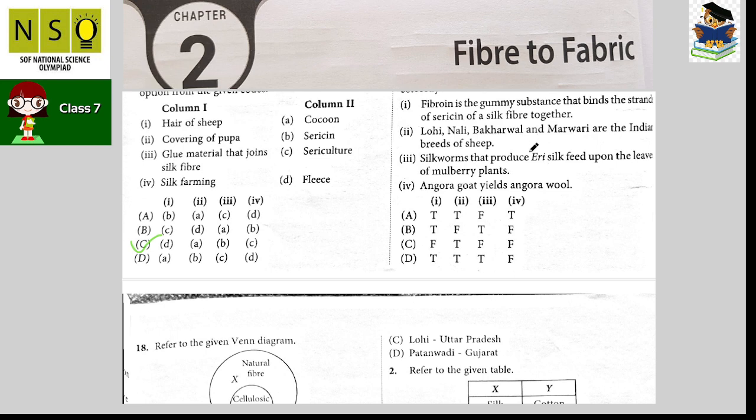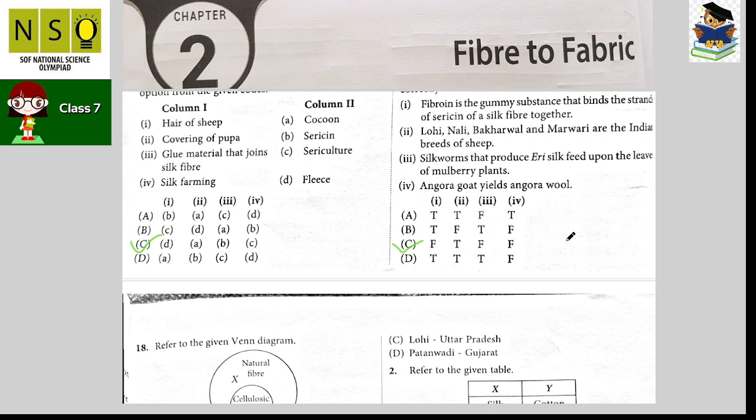Third: silkworms that produce airy silk feed upon the leaves of mulberry plants. And fourth: Angora goat yields Angora wool. We find that option C is the correct one. There are 3 false and 1 true.